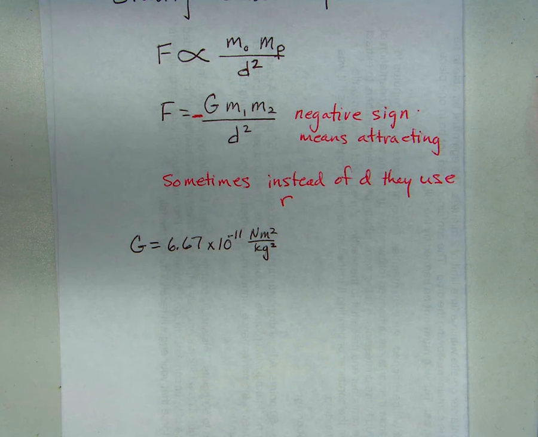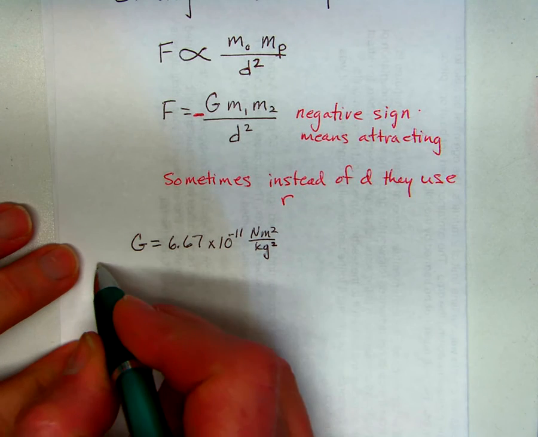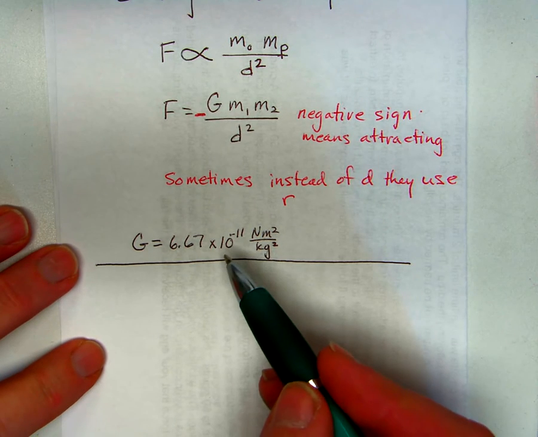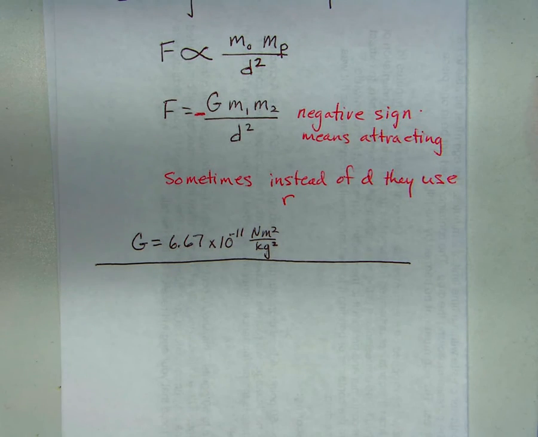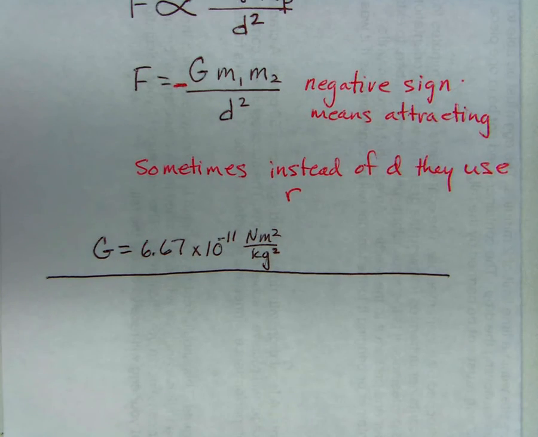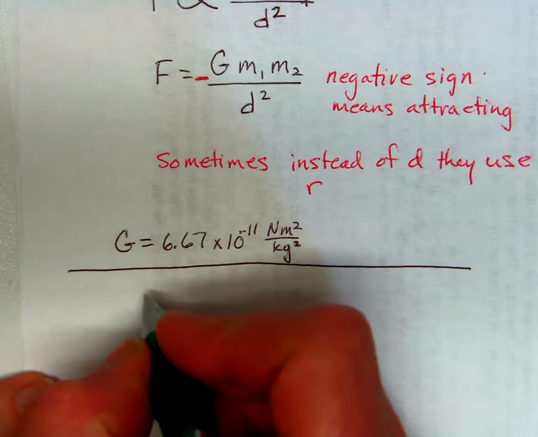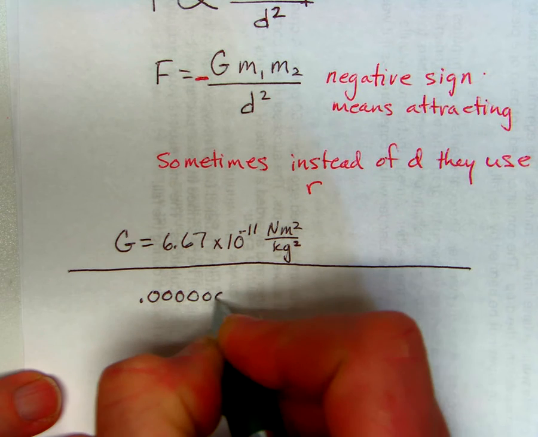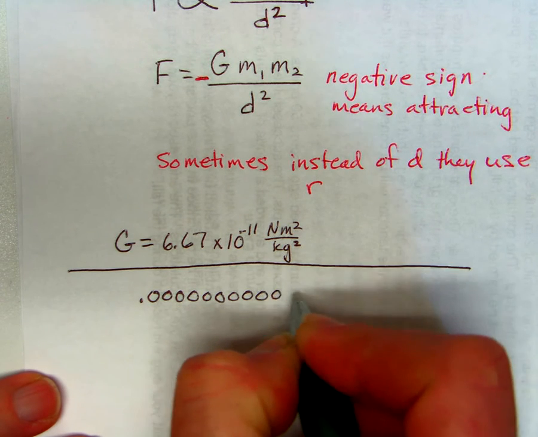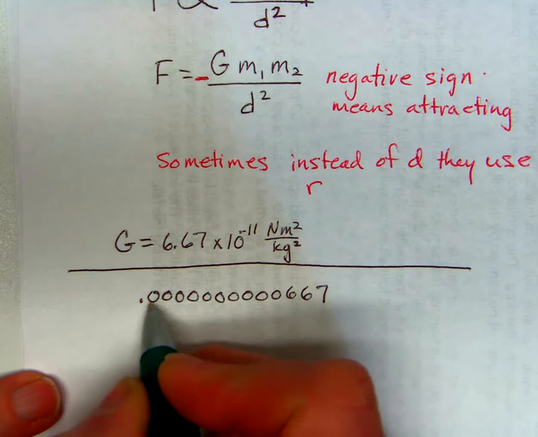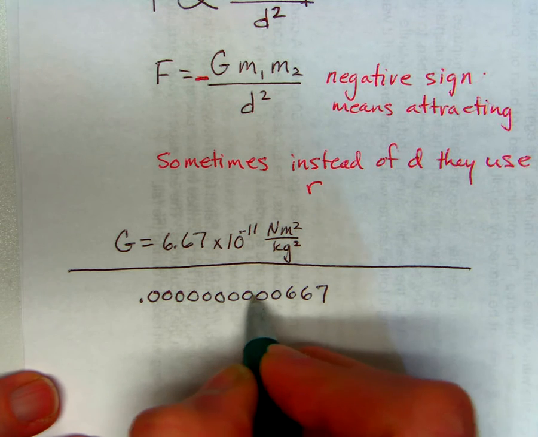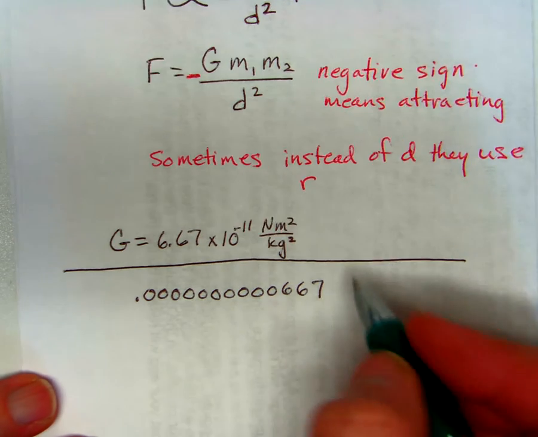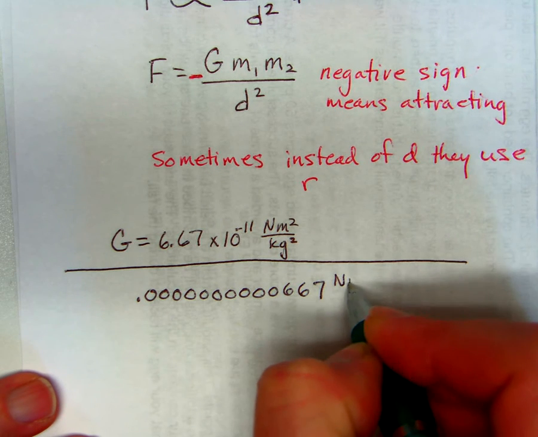So let's do an example with this. Oh, by the way, the 10 to the negative 11th means what? It means 0.000000000667.